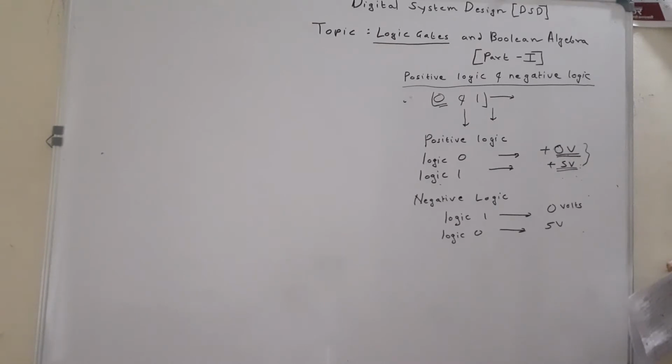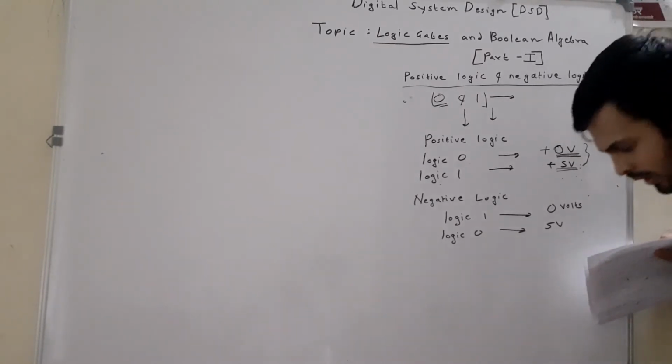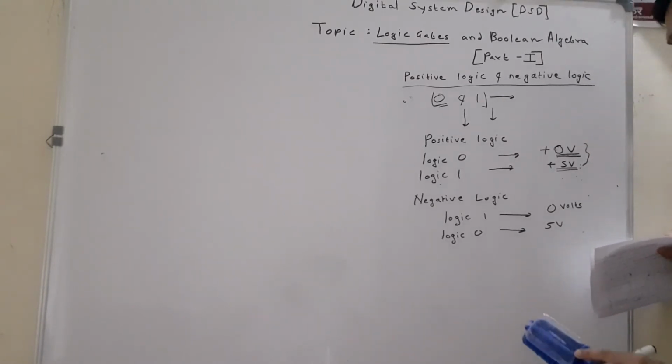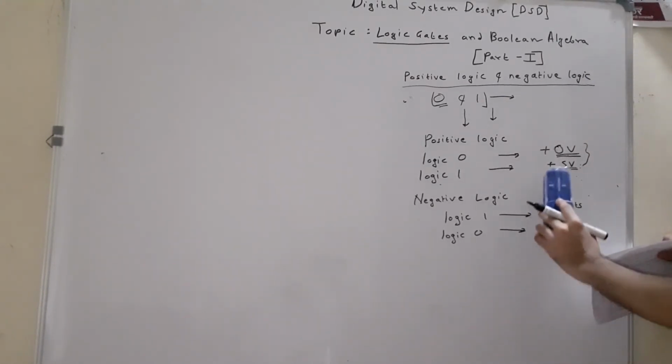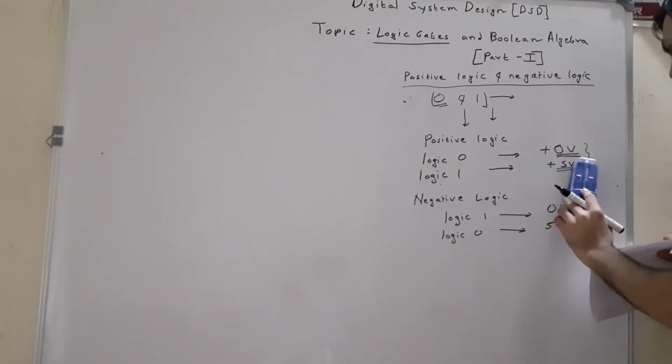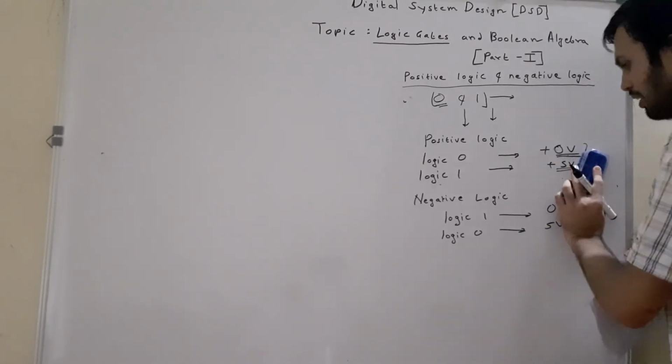So this was a very fundamental concept pertaining to logic gates. Now we will see what all logic gates we are going to study, but before that we will study one more important concept, that is the truth table.